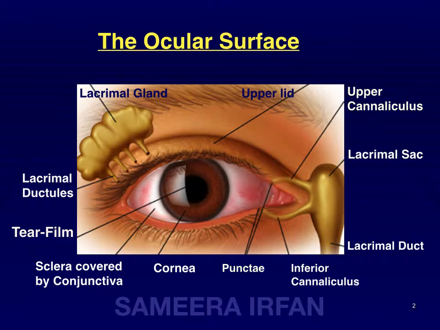So when you come across a patient who comes to you with a red irritable eye, watery eye, or problems with blinking or blepharospasm, you have to assess all these structures in addition to the nasal sinuses and the nasal mucosa.